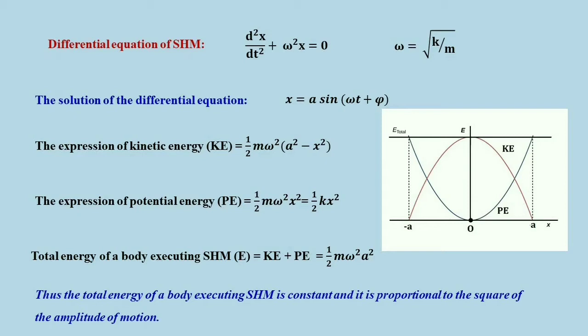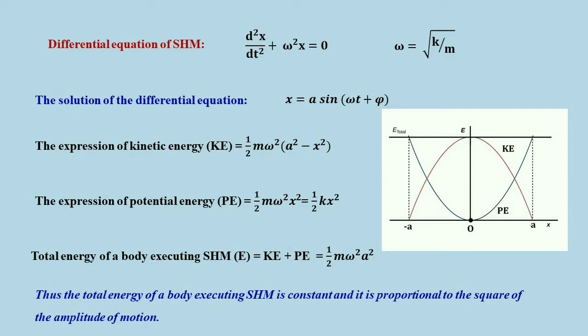Omega is the circular frequency, and the total term inside the bracket, omega t plus phi, is called the phase, whereas phi is called the initial phase of motion. By using this value of x, we have already determined the expressions for velocity, acceleration, kinetic energy, as well as potential energy.